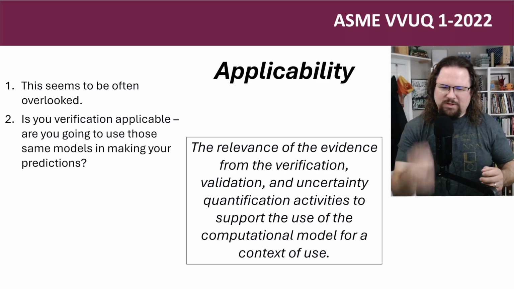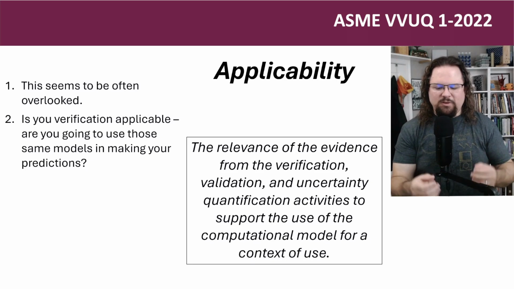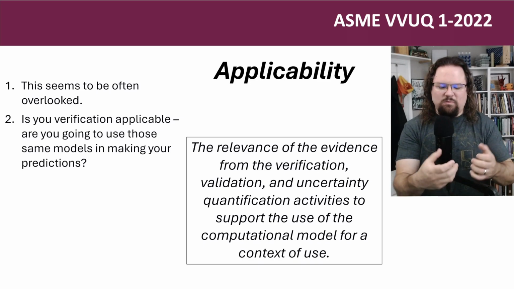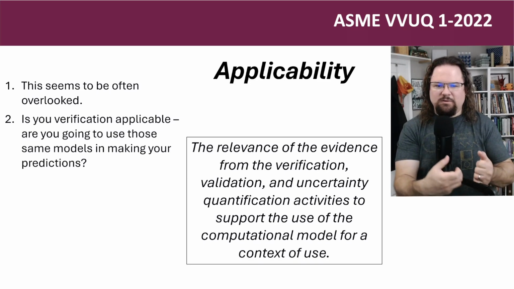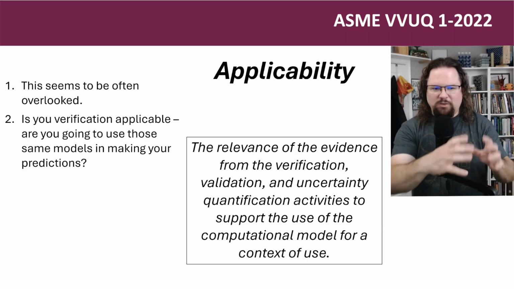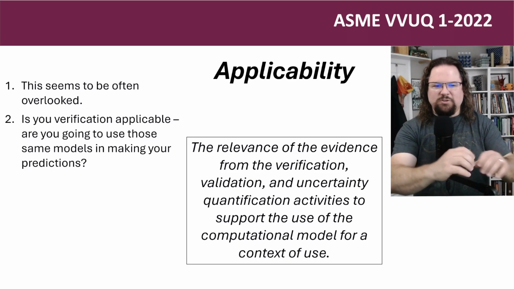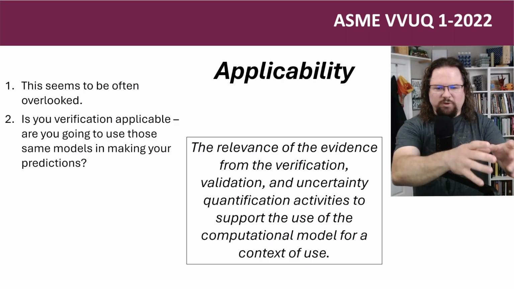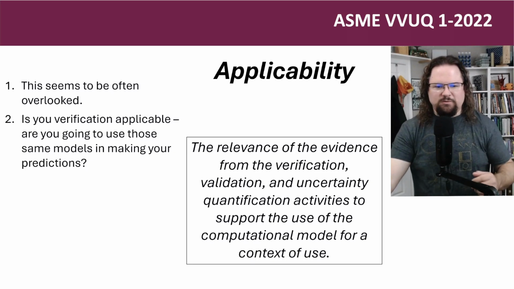But when we want to make predictions with our model, chances are we're going to want to change the inputs, and we probably won't have results from our mathematical model to be able to verify it at that new input. So can we use the assumption that our code is verified in one region as we extrapolate it to another?